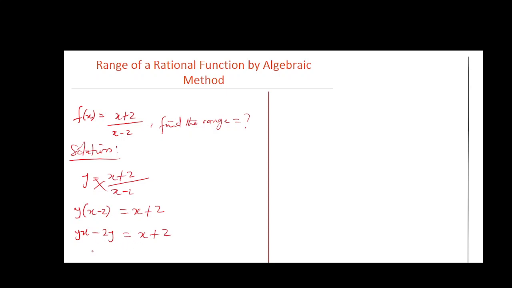We collect like terms. We are going to have that our yx, and this crosses over to the other side of the equation. It becomes negative because it's plus here.